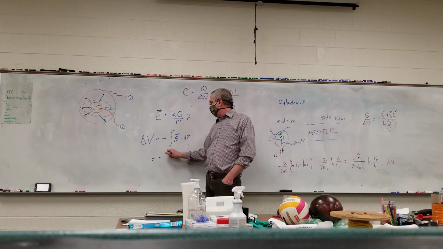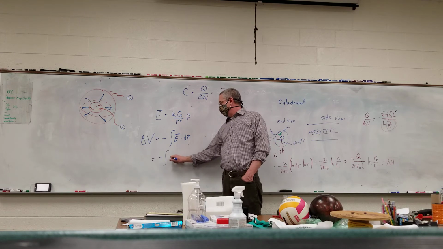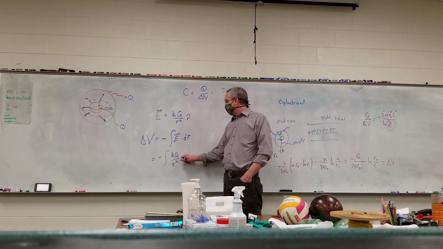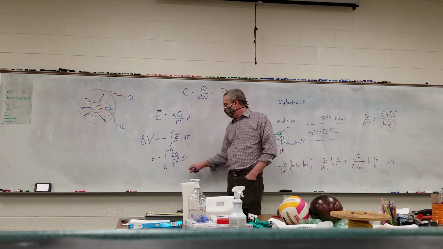So negative integral, electric field and dr are in the same direction. So this just becomes KQ over R squared dr from R inner to R outer.